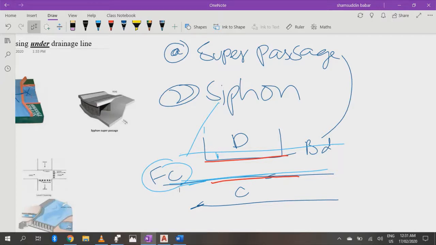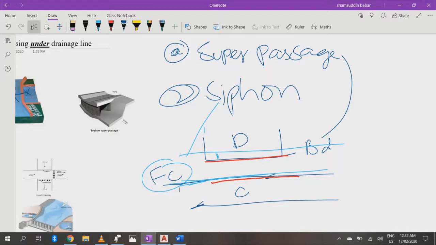So a simple pipe, or a simple trough, is provided so that the water can pass. It's always economical, so its design is not very important.